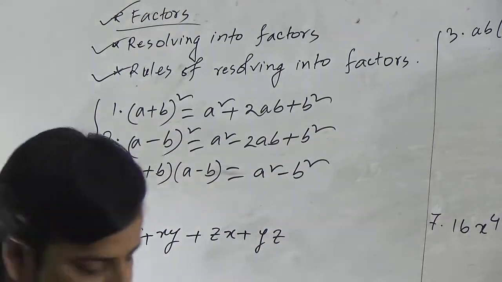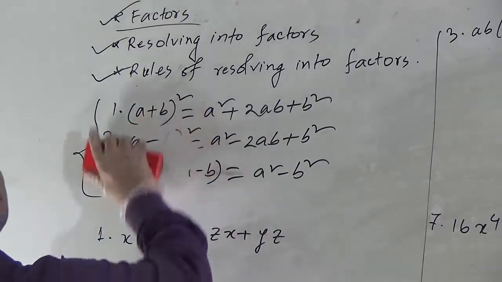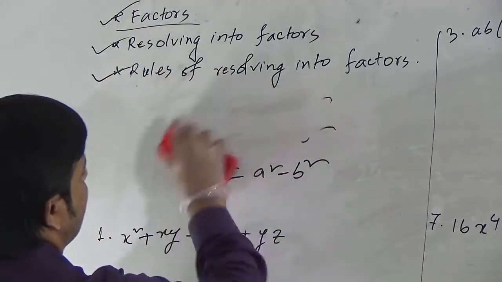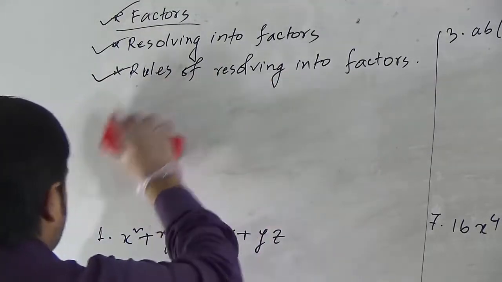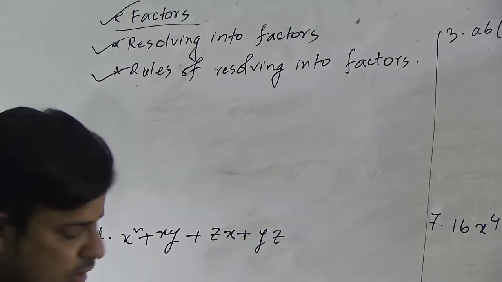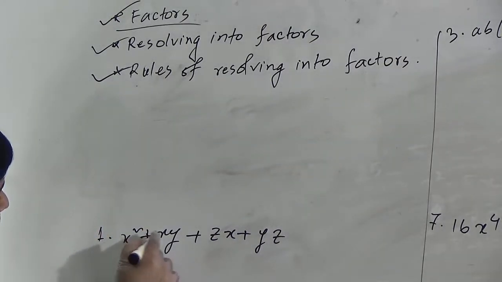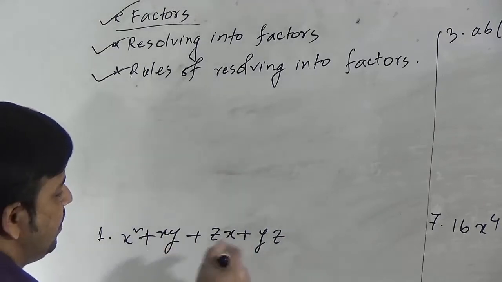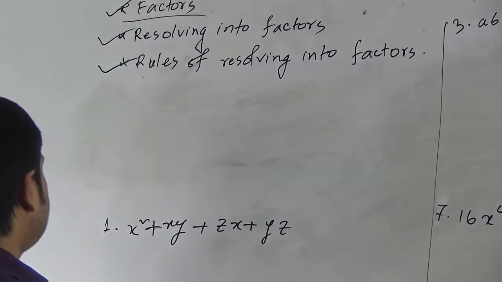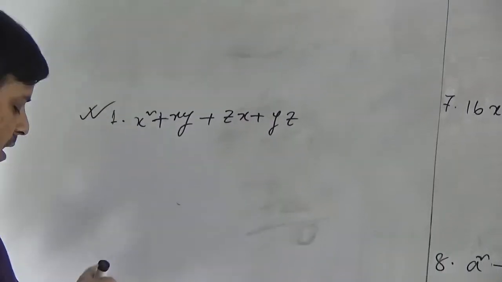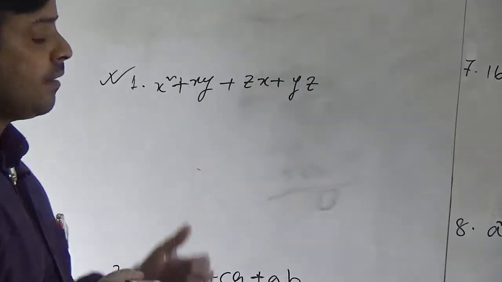Now let us start. I'll solve some questions from this chapter. At first I have written question 1: x square plus xy plus zx plus yz. This is the first question. I have to resolve this expression into factors.